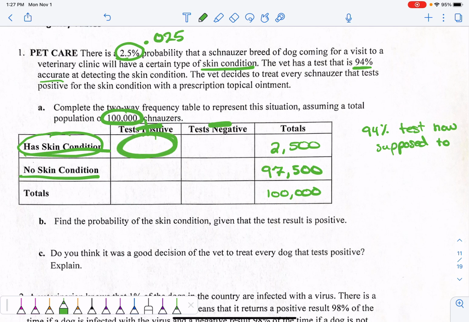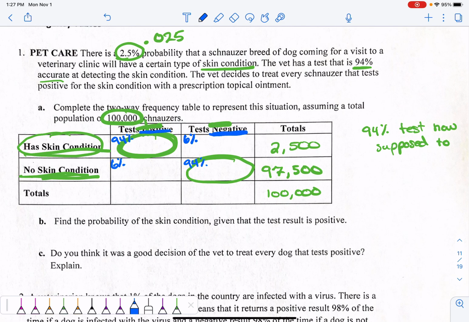This is what's supposed to happen. If I don't have the skin condition, I should test negative. That's what's supposed to happen, okay? And that is happening 94% of the time. Then 6% of the time I'm getting a false negative, and 6% of the time I'm getting a false positive, okay? So that's kind of how that works.